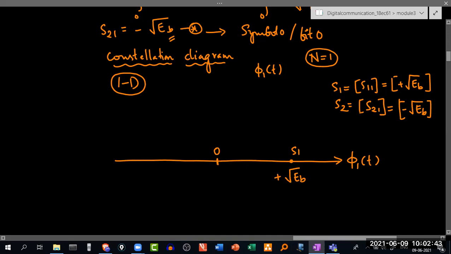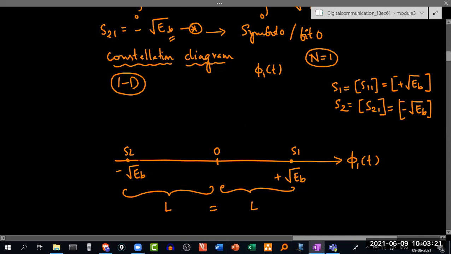In a similar way, in order to represent signal S2, I'll be moving the same distance, but in what direction? Onto the left. If this is L, this should also be equal to L. I'll be moving a similar distance onto the left and pointing signal S2, which corresponds to minus square root of EB.